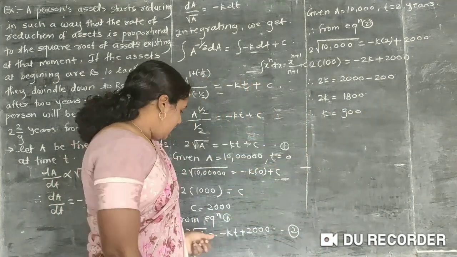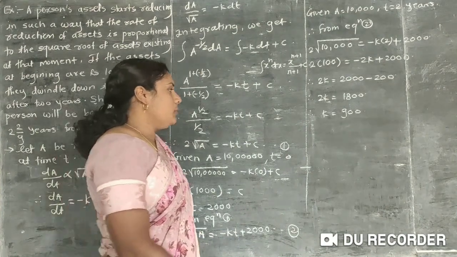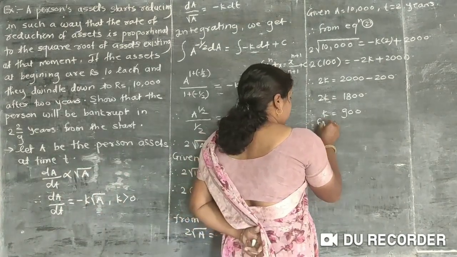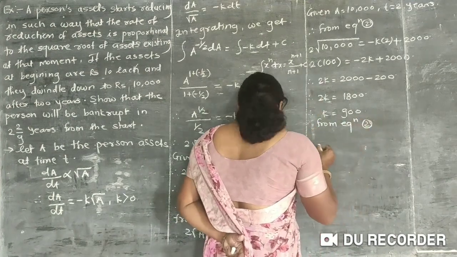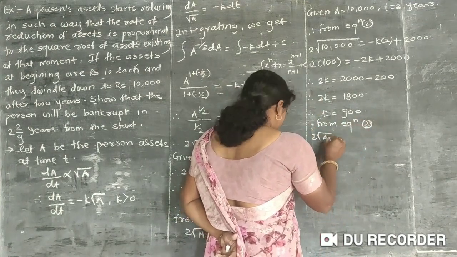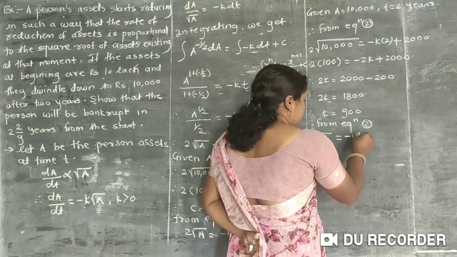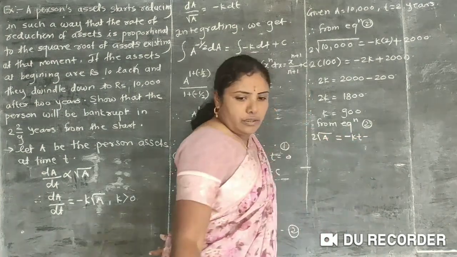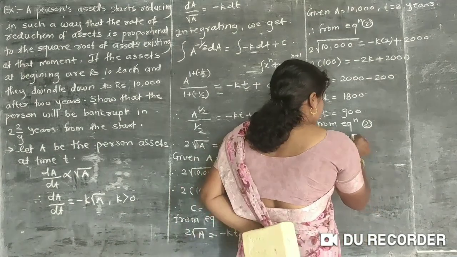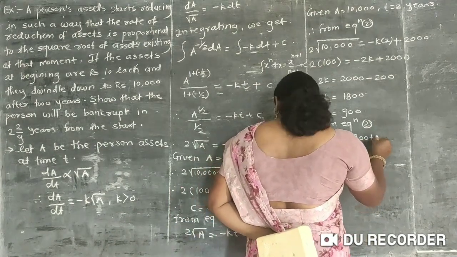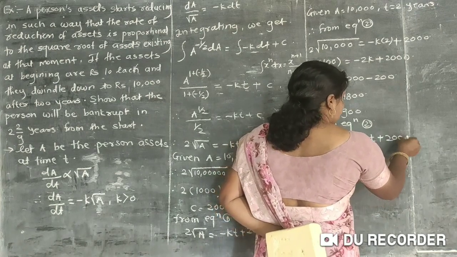Substitute this value of k again in equation 2. Therefore, we get from equation 2, 2 into square root of A is equal to minus 900t plus 2,000.